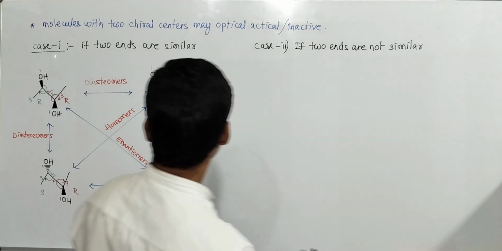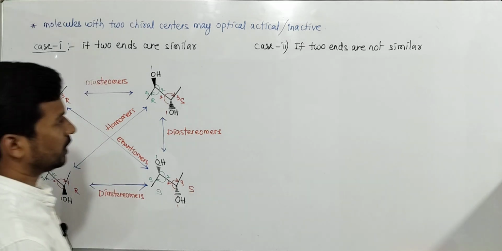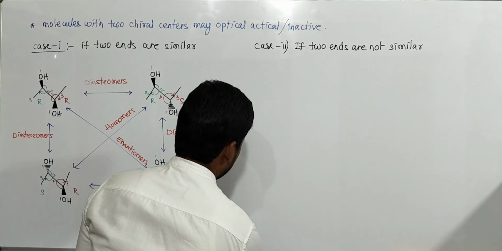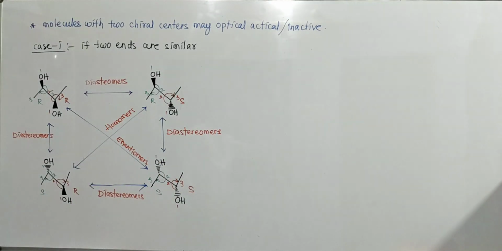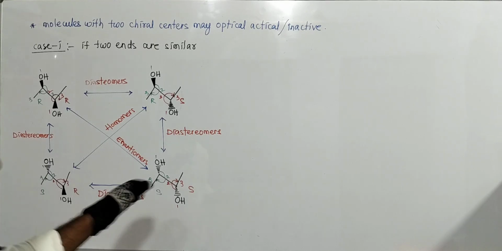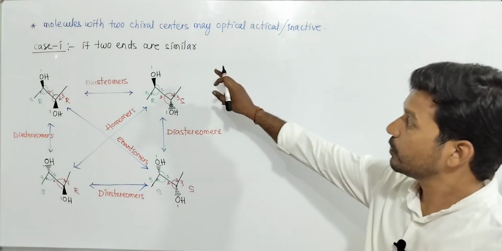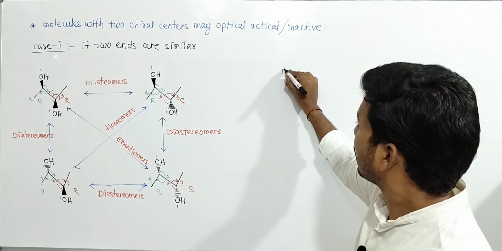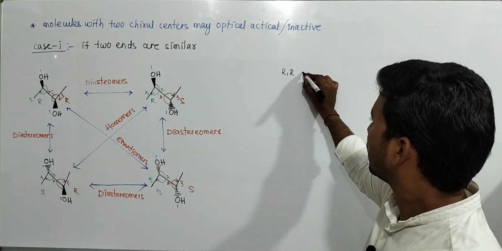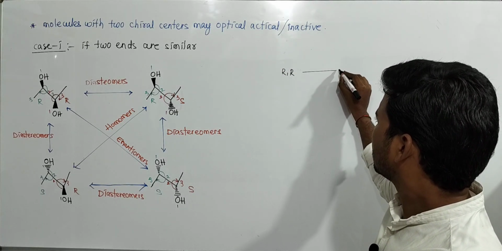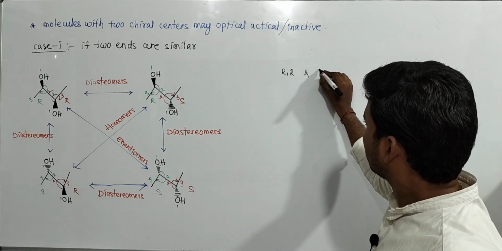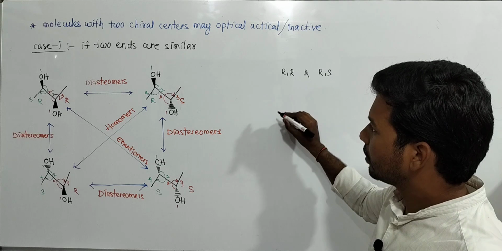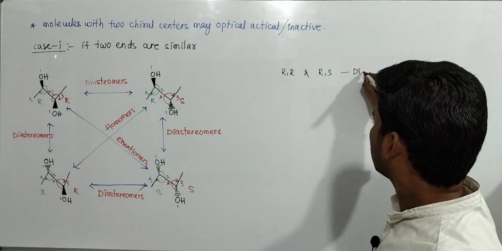So see here, or otherwise I will write this one, especially this one. If two ends are similar, RR and RS configuration are diastereomers.